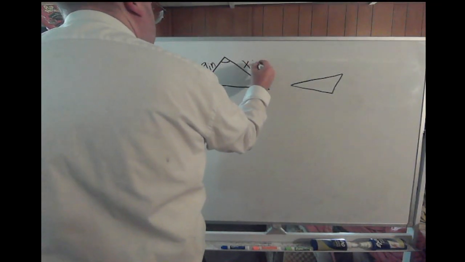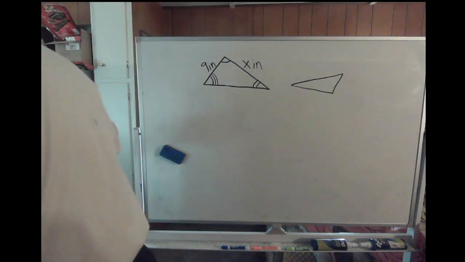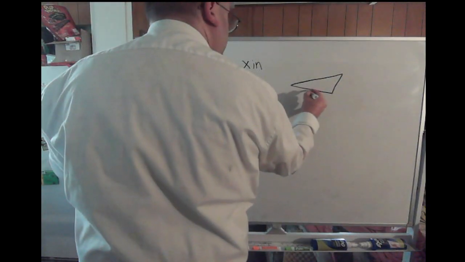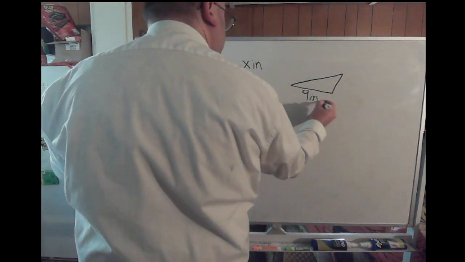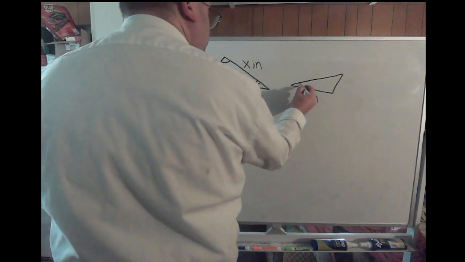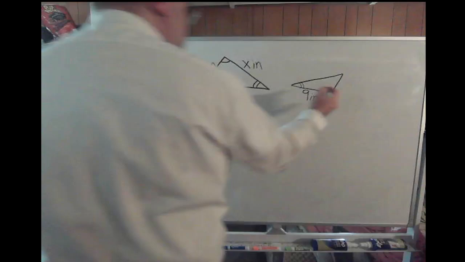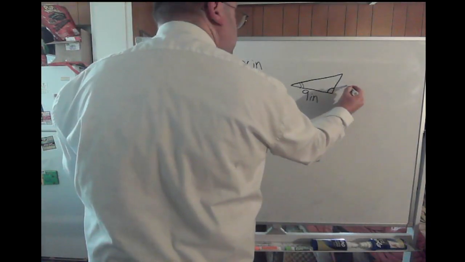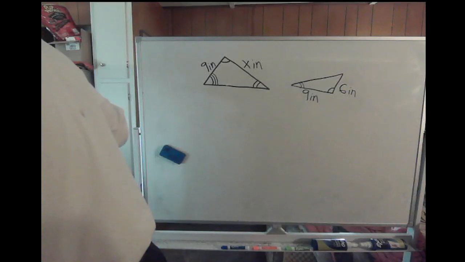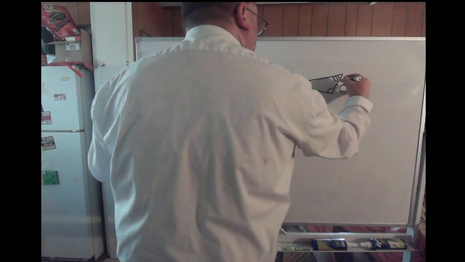We don't know this side. This will have 2 congruency markings. This is equal to 9 inches. This one has 2 congruency markings. This one has 1. This is 6 inches. Which means this one should have 3. Okay, 3 congruency markings here.